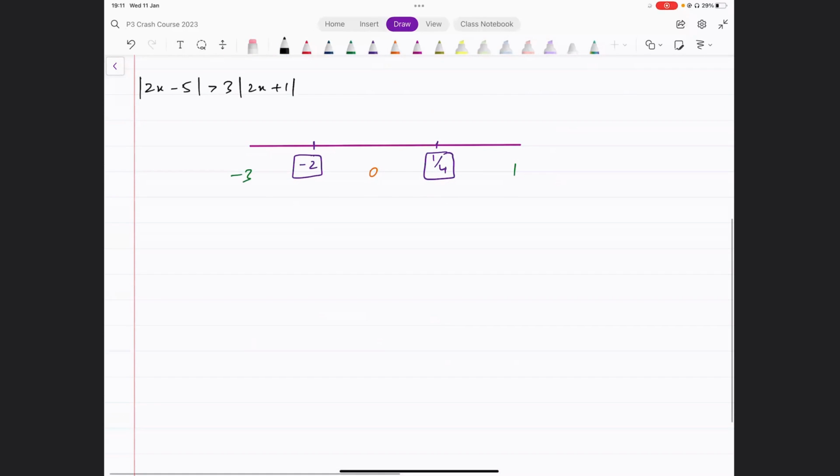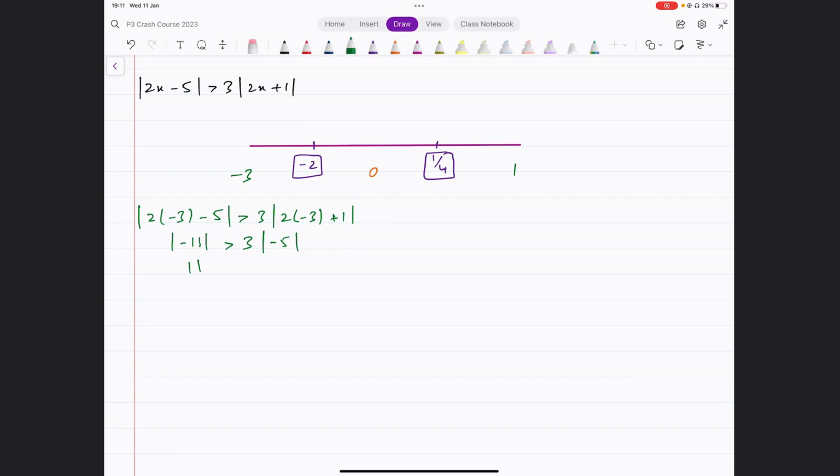Okay. Let's input these values here. Minus 3 input कर लेते हैं पहले. Modulus of 2 into minus 3 minus 5, that's greater than 3 into modulus of 2 into minus 3 plus 1. Left side को simplify करें, we get minus 6 minus 5, that's modulus of minus 11, that's greater than 3 into modulus of minus 6 plus 1, that's minus 5 का modulus.